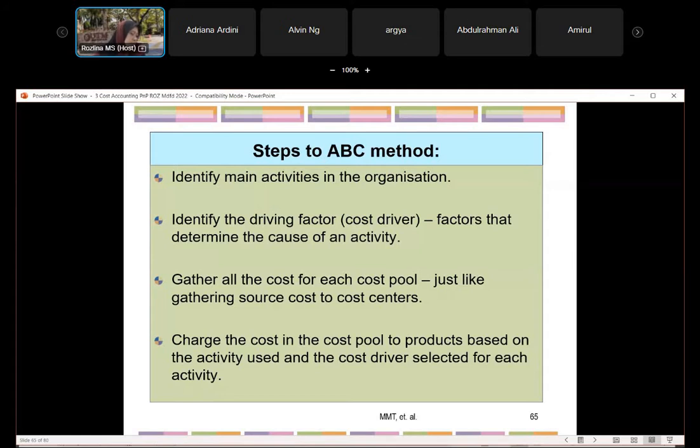For the long-term we have scheduling cost, setup cost, and material handling cost. That is the cost pool. Okay, charge the cost in the cost pool to products based on the activity used and the cost driver selected for each activity. Okay, later when you do the exercise, you can see what is the meaning.